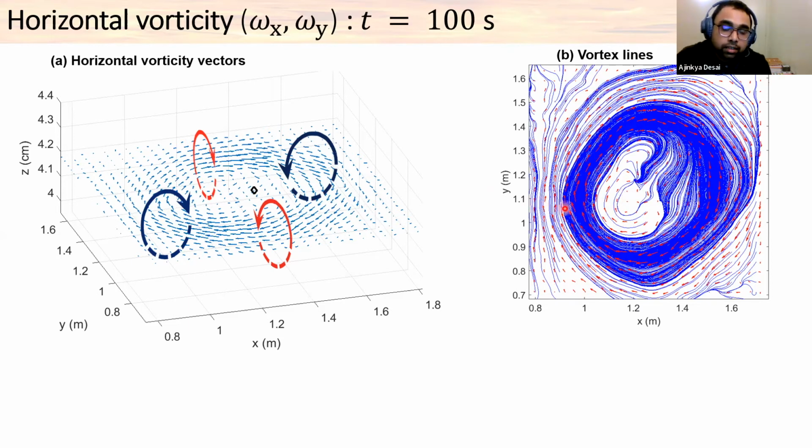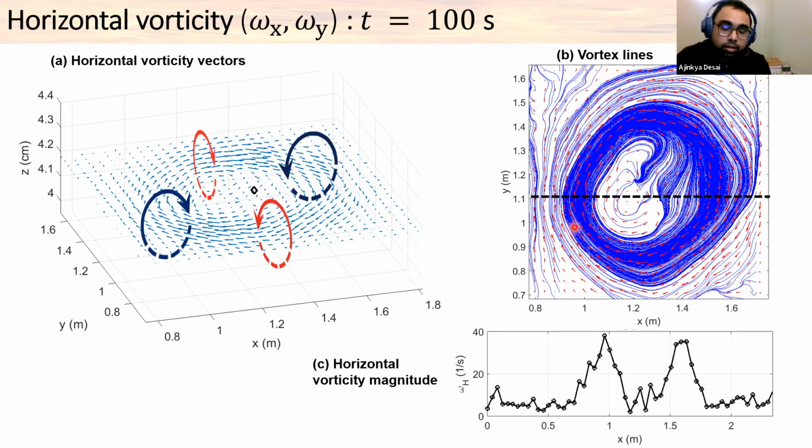If you take a streamwise transect and plot the horizontal vorticity magnitude, the magnitude of these vorticity vectors, you see that it is increased at the location of the fire front. That is where these vortex lines get denser, and where the vorticity magnitude is stronger.